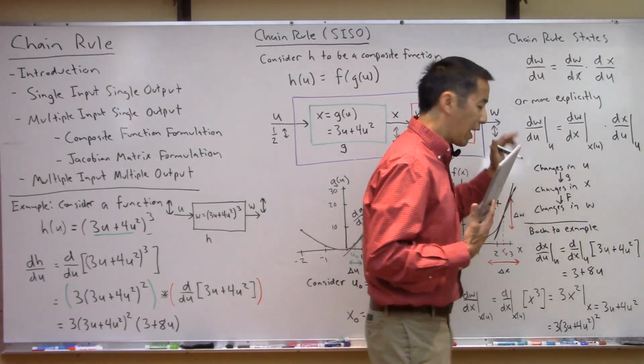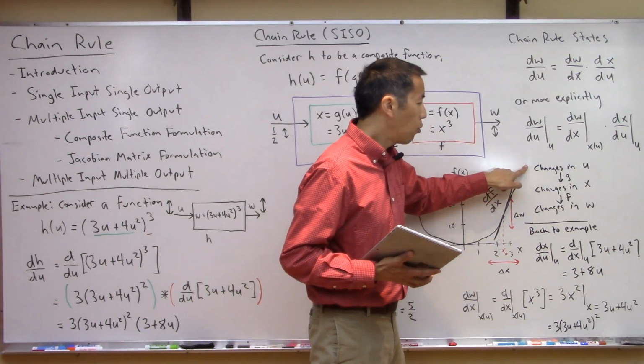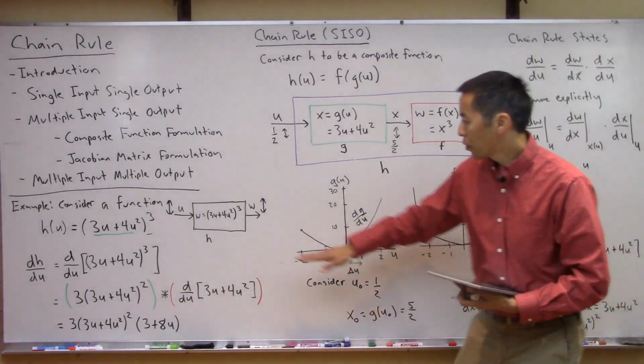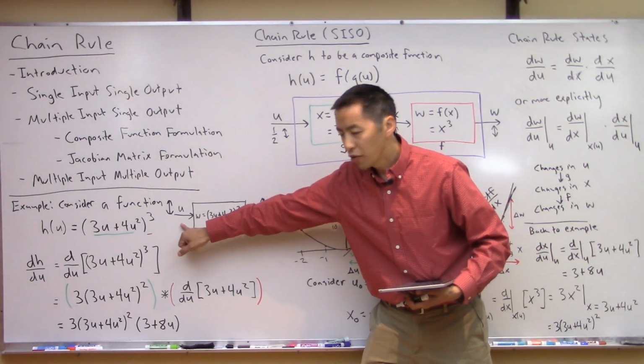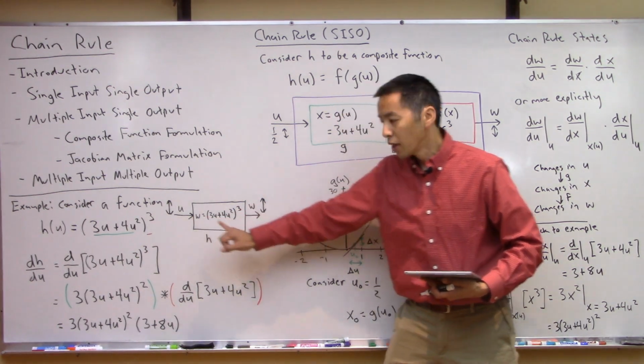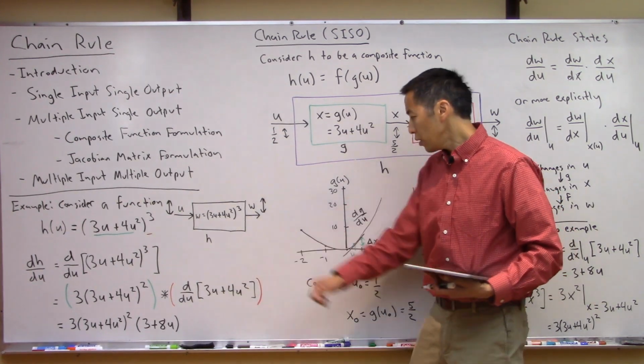So let's recap this before we go into the example. The original problem was: if I perturb or change the input, how sensitive is the output of this function to that change?